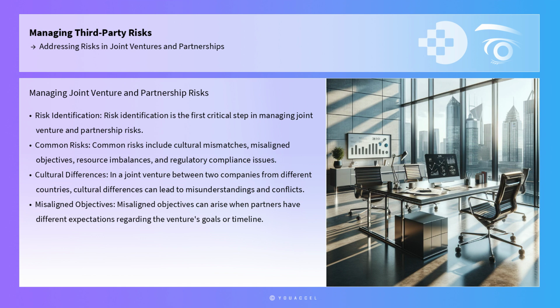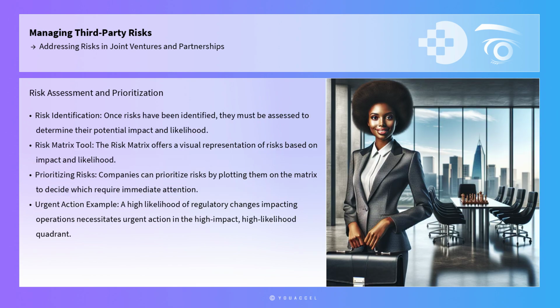An effective way to identify these risks is through a comprehensive risk assessment framework, such as the risk breakdown structure, which categorizes risks into manageable segments. Once risks have been identified, they must be assessed to determine their potential impact and likelihood. The risk matrix is a practical tool for this purpose, offering a visual representation of risks based on these two dimensions.